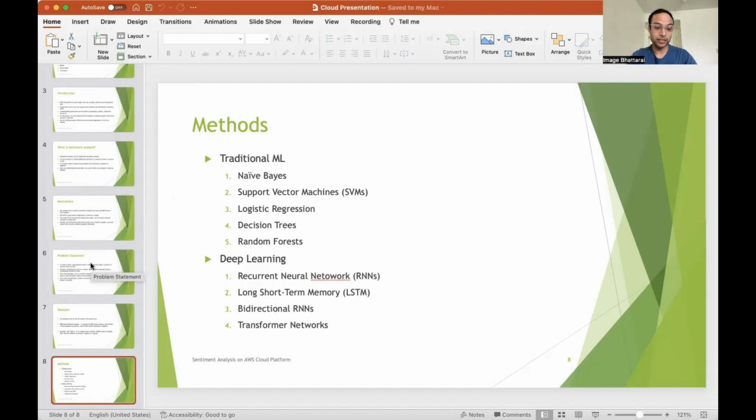For the deep learning models, we have used recurrent neural networks, RNNs, long short-term memory, LSTMs, bidirectional RNN, and also transformer networks. We have used all these models on both the data sets. So that is the IMDb dataset and the Twitter dataset.